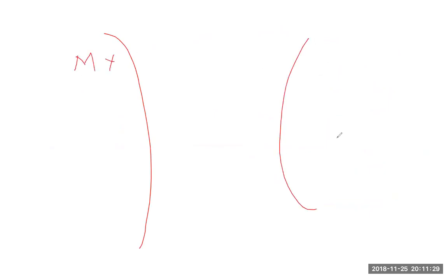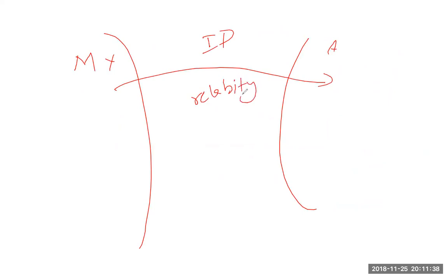What is the reliability of this IP? Is it reliable? Not very much. What's the speed? It fluctuates.